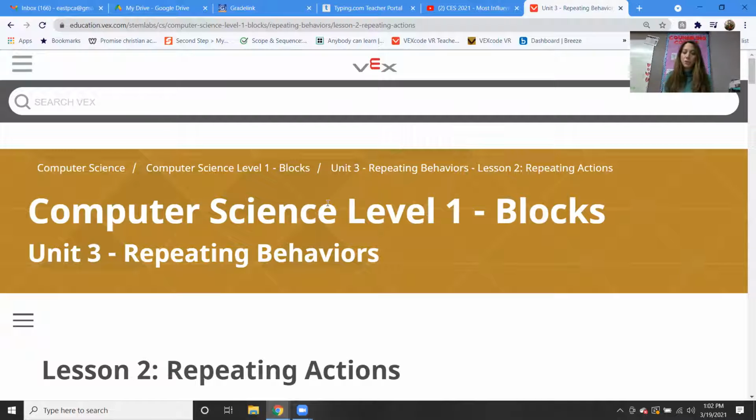And then there was the Unit 3, Lesson 2 quiz. And if you don't have the link for that, if you go into GradeLink under that particular assignment and you click into the description, the link for the quiz is there. So if you're missing the link, go in GradeLink because it is in there.